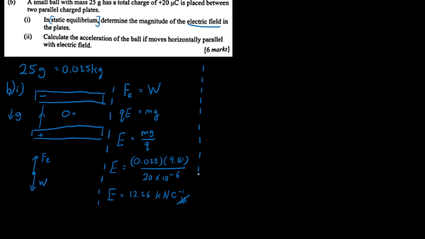Now, on the other hand, we can move on to the next part of the question. I'll write down here B2. Okay. Calculate the acceleration of the ball if it moves horizontally parallel to the electric field. Okay, so horizontal and parallel.